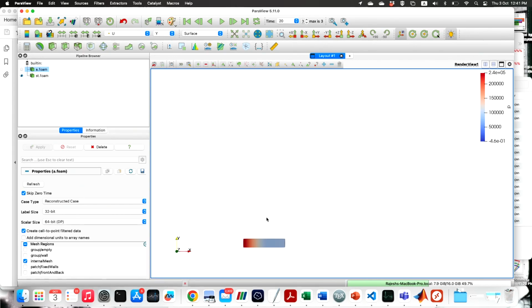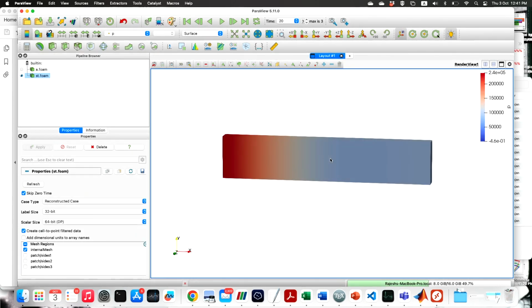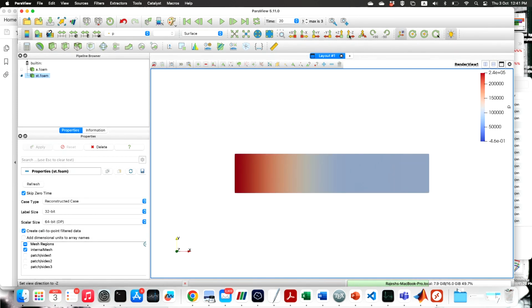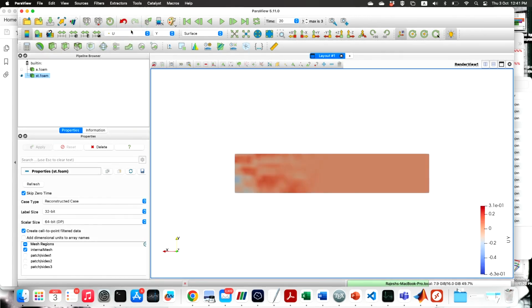So, the shock tube, because I had not unloaded the other one. So, let me just make it big. Okay. You can see the shock tube, and you can see that it looks slightly 3D, because OpenFOAM, as I told you, is a 3-dimensional solver. Go to the velocity, that will make more sense.